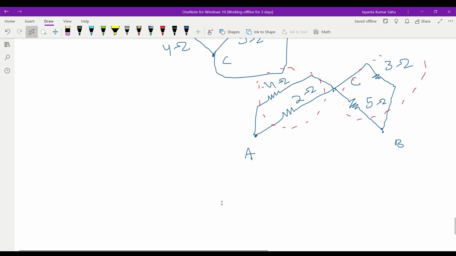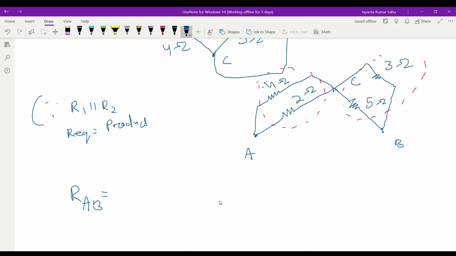Now R equivalent, RAB, is equal to, since two resistances are connected in parallel, what do we write? If two resistances R1 and R2 are connected in parallel, what is the equivalent resistance? Product divided by sum. That means R1 R2 divided by R1 plus R2.